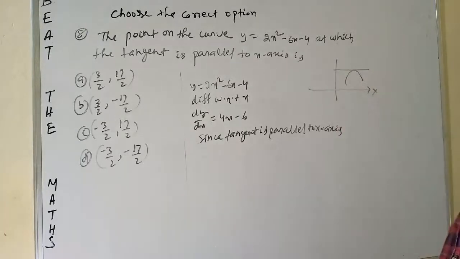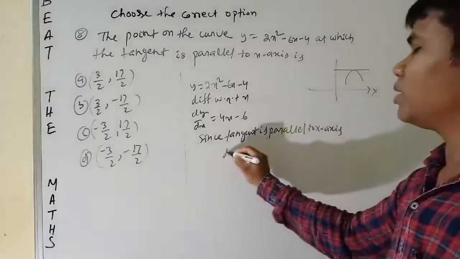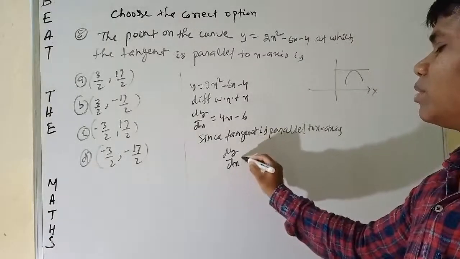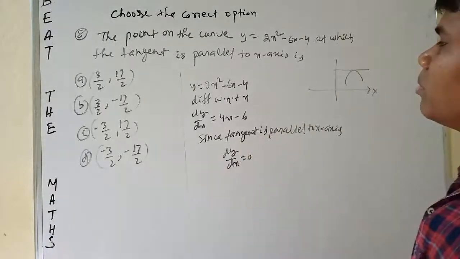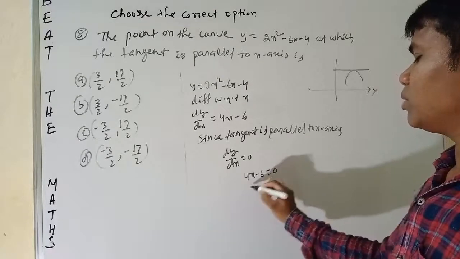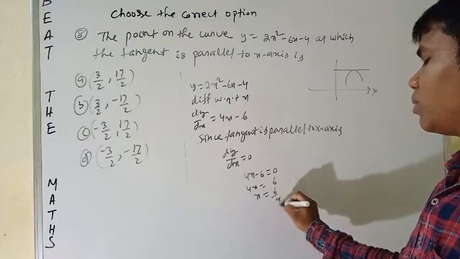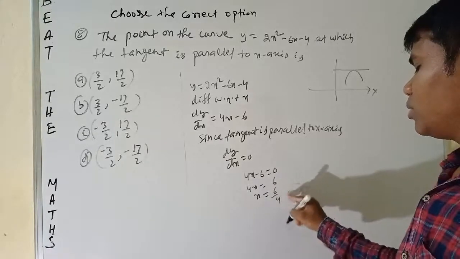Tangent is parallel to x-axis, that is dy by dx is equal to 0. That means 4x minus 6 is equal to 0. 4x is equal to 6. X is equal to 6 by 4, x is equal to 3 by 2.